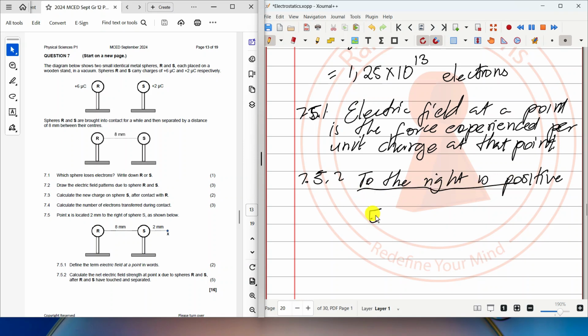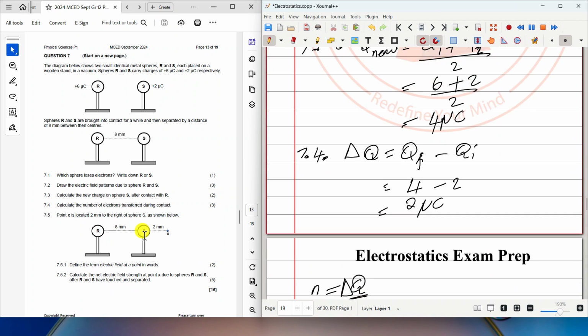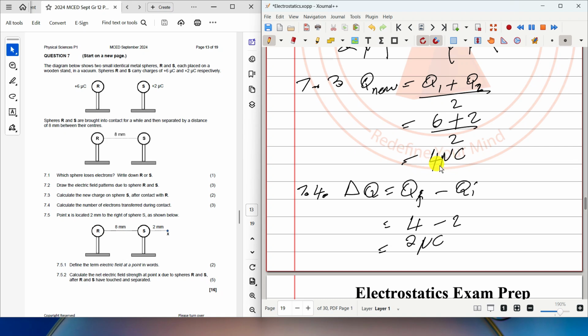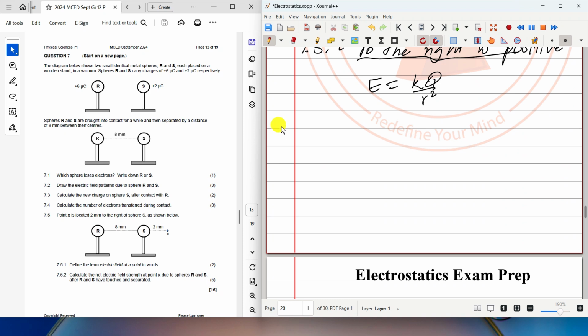Now we have the formula E equals kQ over r squared. Calculate the net electric field strength at point X due to spheres R and S after R and S have touched and separated. So meaning now they both have which charge? They both have this charge. Okay, let's go. So we're looking for E net.